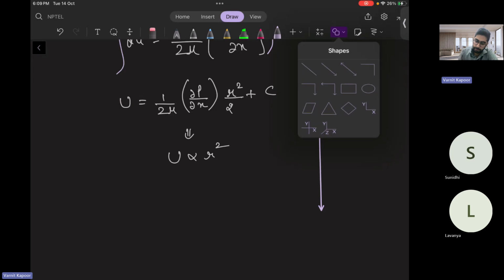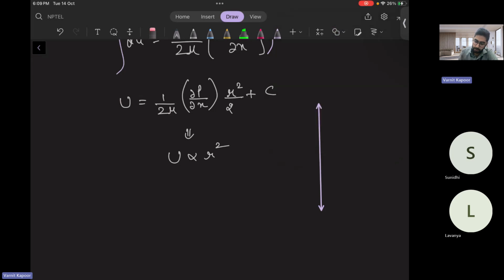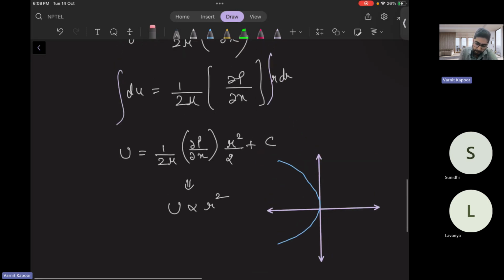Let's say somewhat like y is equal to minus r square. Let us keep this as negative only, so it is minus of r square. So basically it's a parabolic relation.